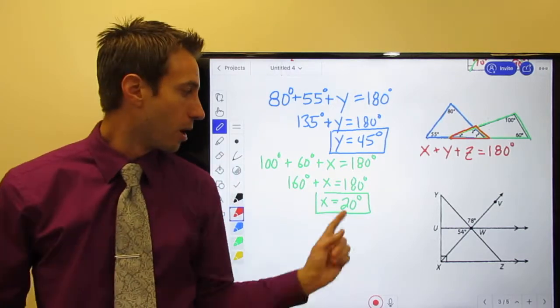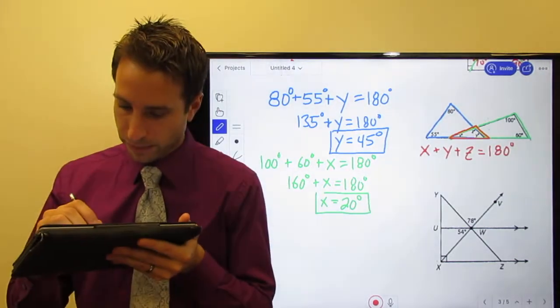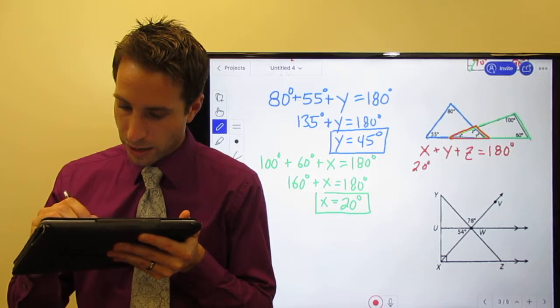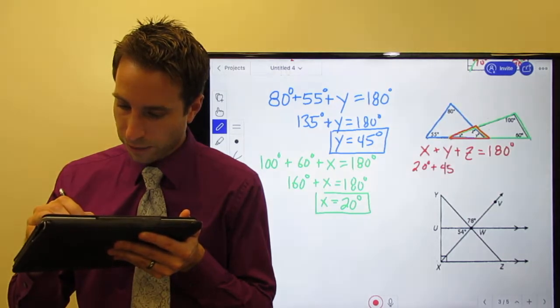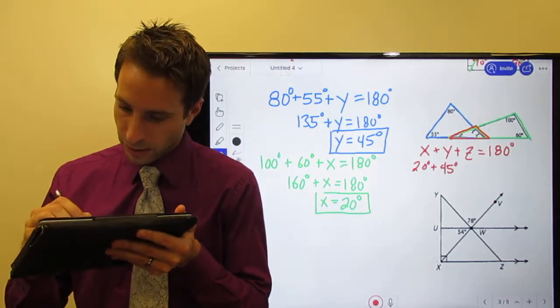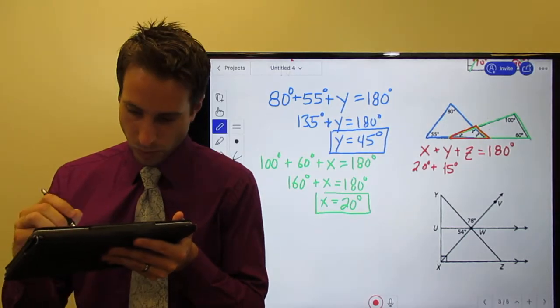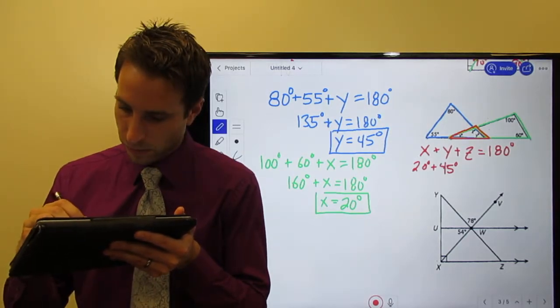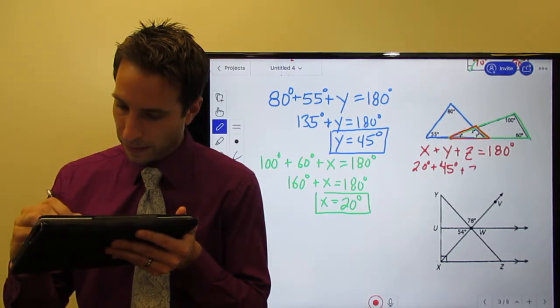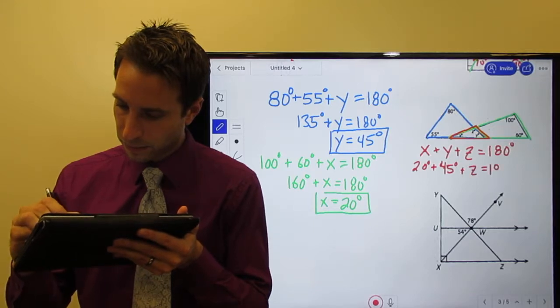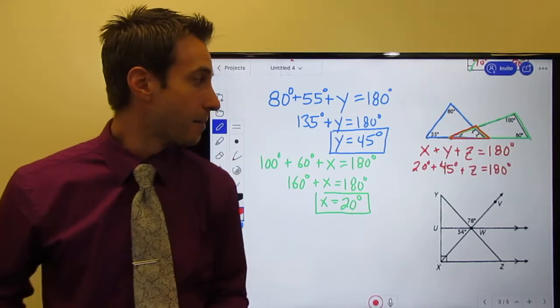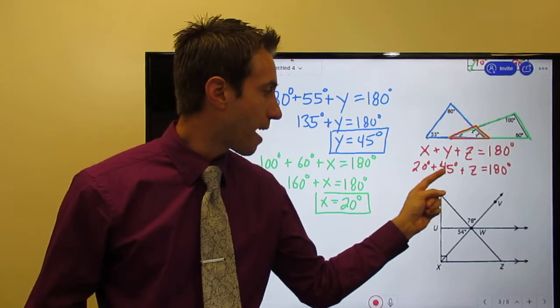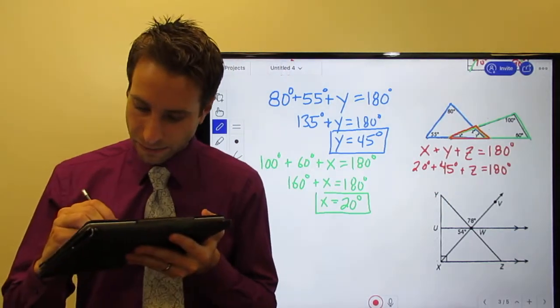Plug in what we know. I know X is 20. I know that Y is 45. Sorry, that 4 might look like a 9 and I don't want it to. 45. Great. Add them together. 45, 55, so how about 65?